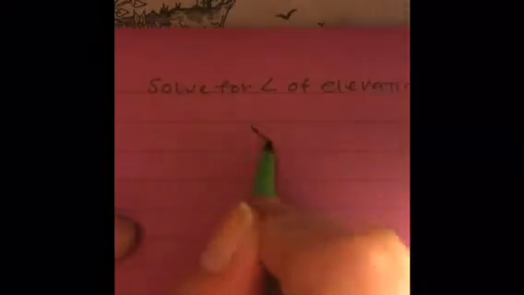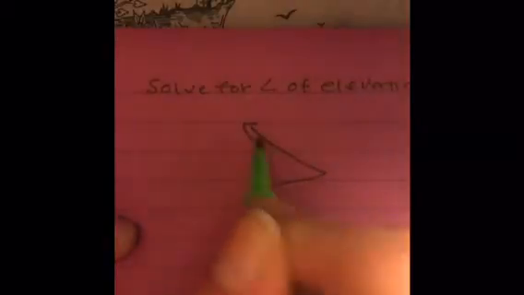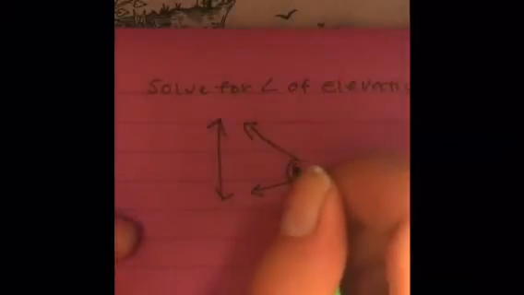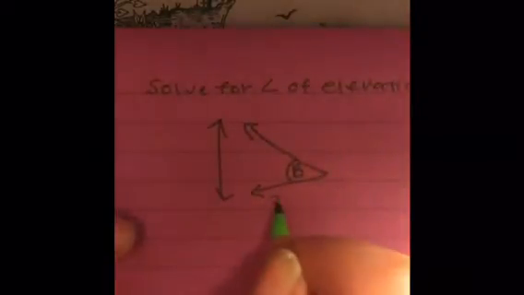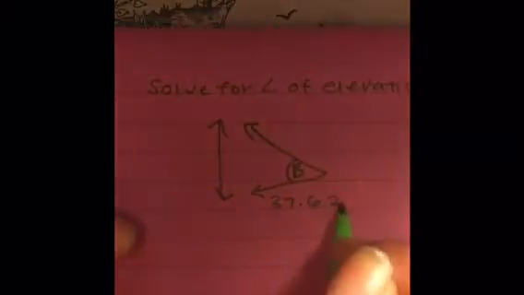So next is solving for the angle of elevation. And in this example, we have angle B, which has one side of 37.62 meters and a height of 34.09 meters.